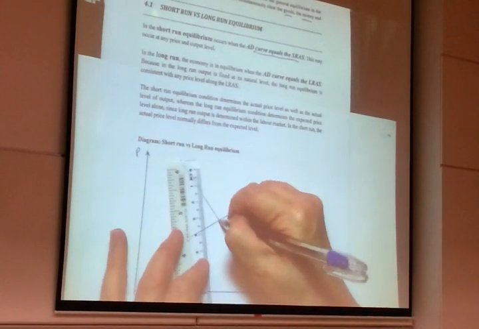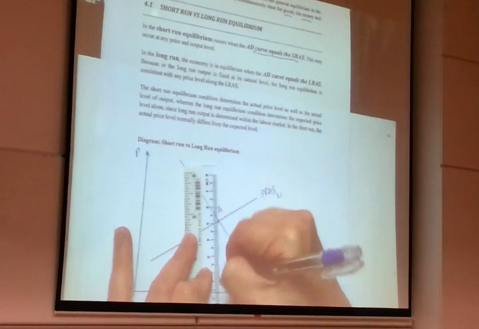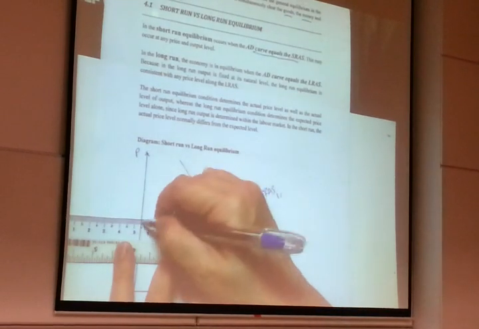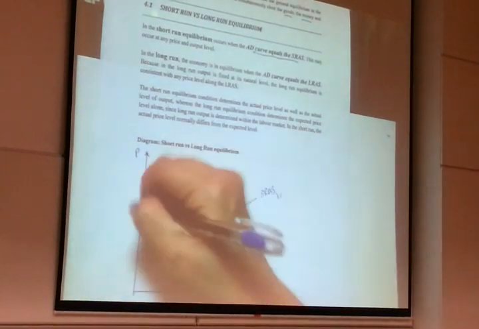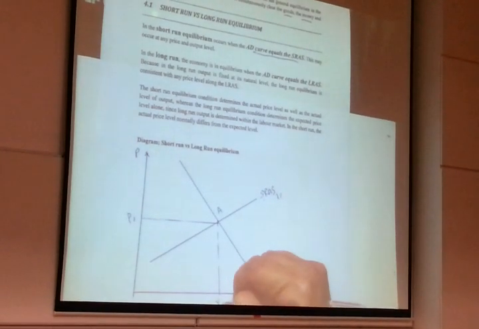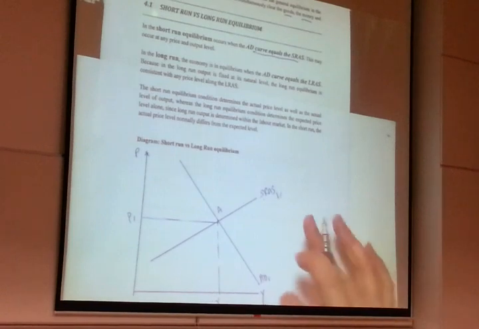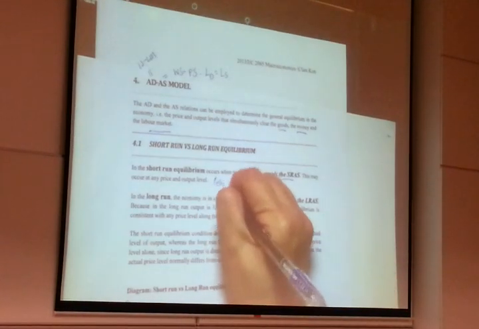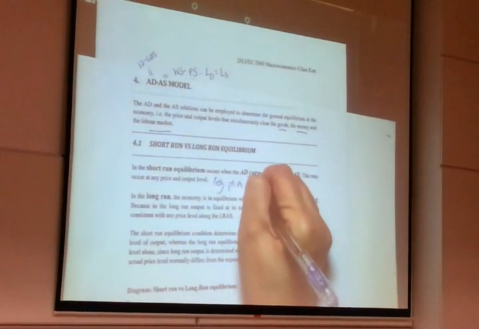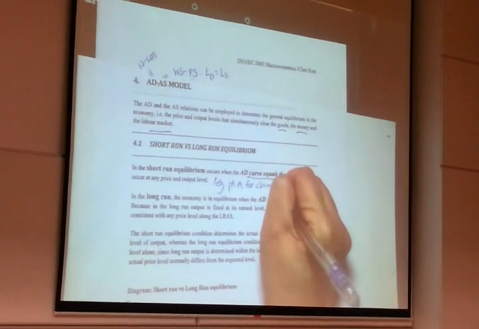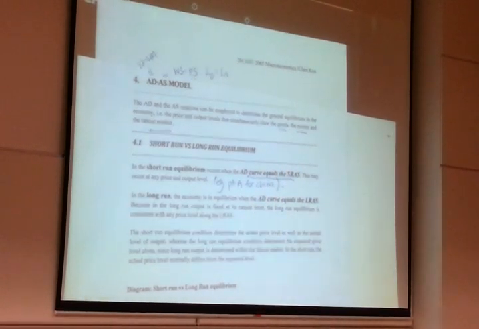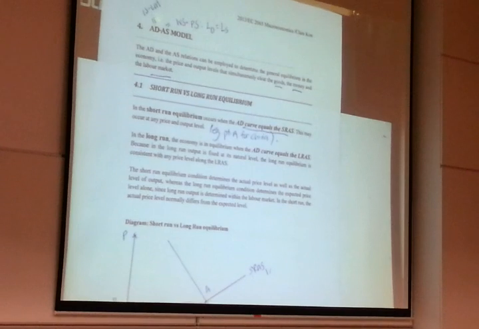So let's look at point A. Point A will give you P1 and Y1. So this is a country's short run. For example, point A for China. But is the country at long run or not?